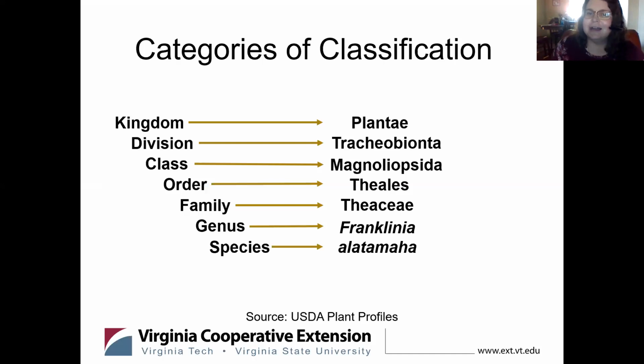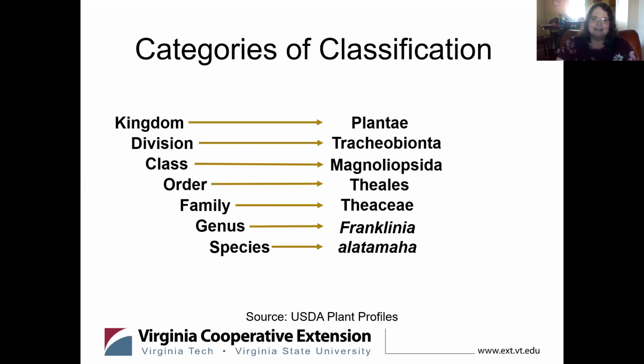I double checked this classification system on the USDA plant profiles this afternoon, so this is the most up-to-date. There are some subclasses and subdivisions, but I did not put those on here. I think it makes it a little bit more confusing, but that is what you would add for true taxonomic classification.